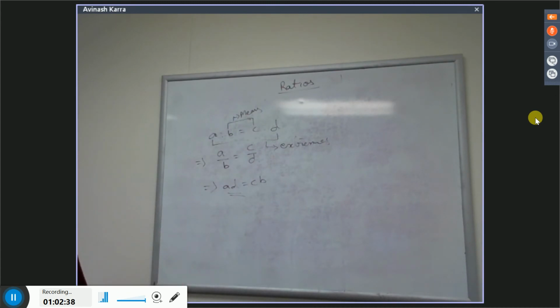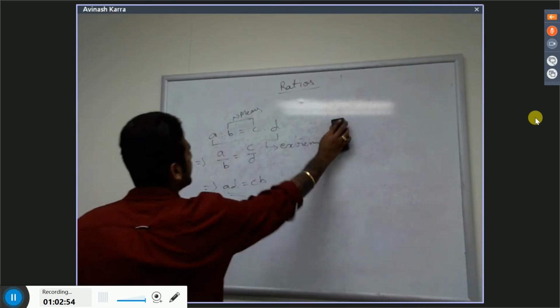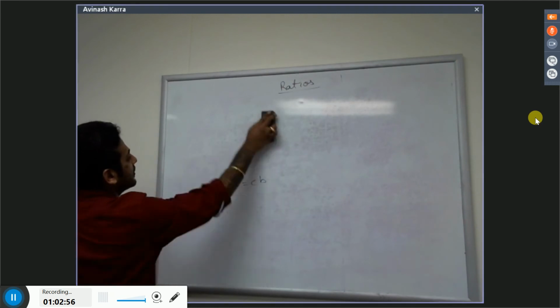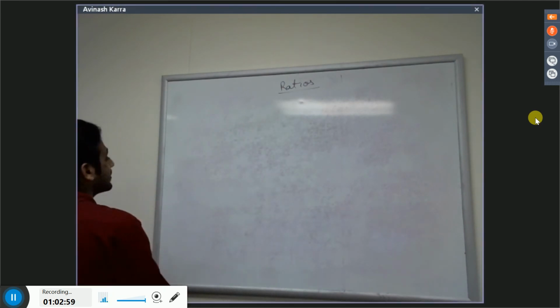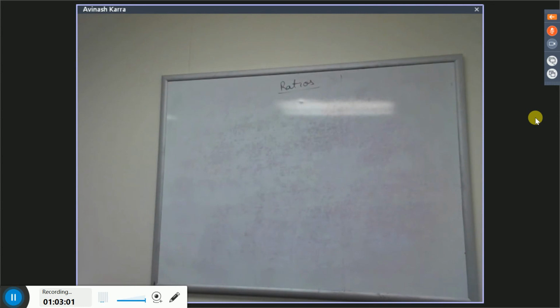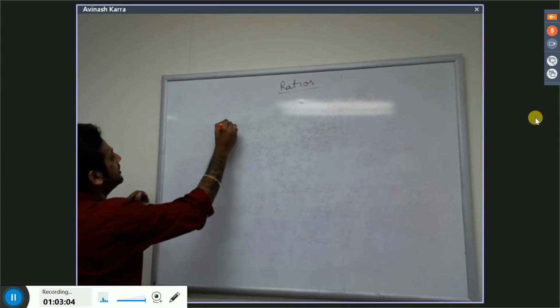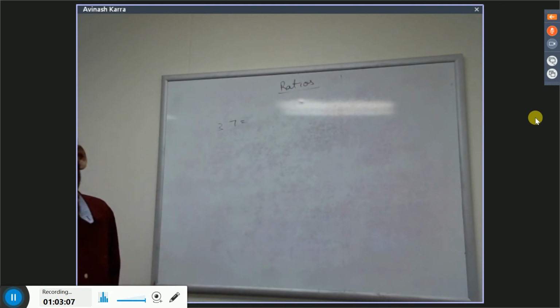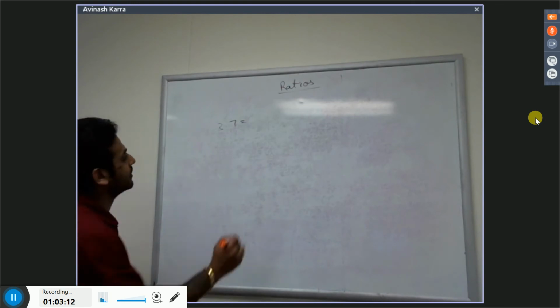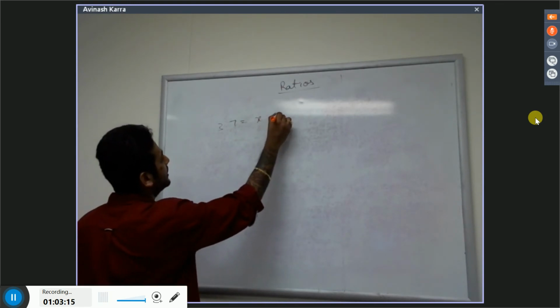Let us take one small example. They have given, a textbook example itself, I'm just writing it in a different representation. 3:7 is equal to x is to 84.